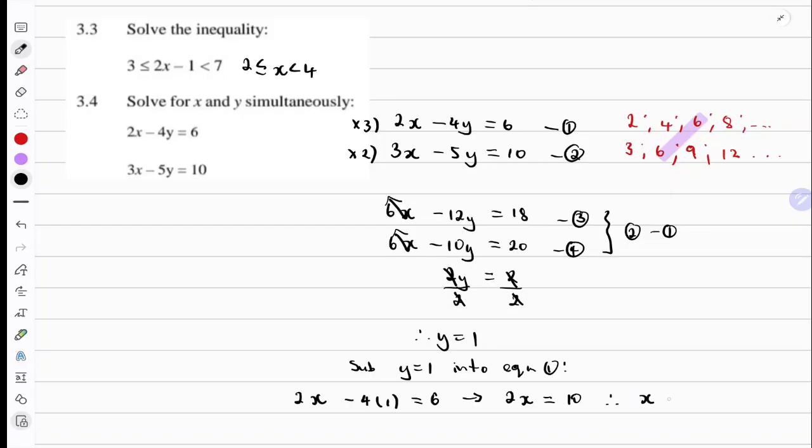Therefore, x should be equal to 5. So it means your x and y values for the given equations are 5 and 1. This is the point of intersection for the system of linear equations given there. So these here are your solutions.